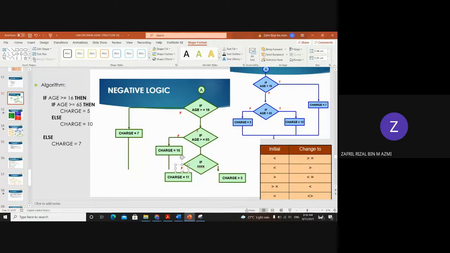Then this is true. True. And then we combine over here. Combine over here. 1 point over here. So how do you write it down?